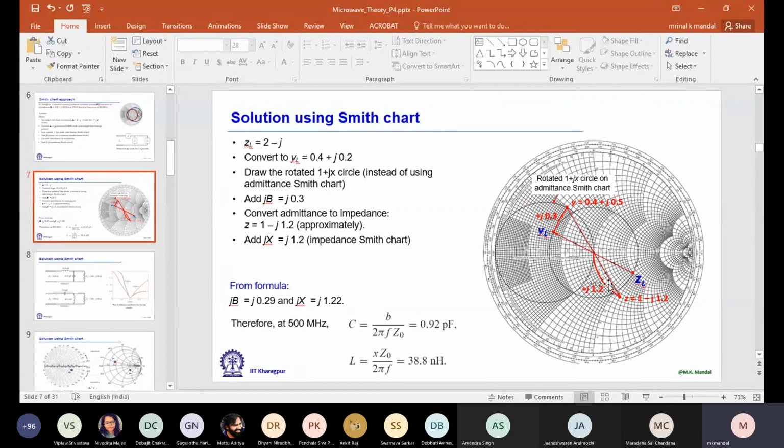You see this circle which passes through the center and r equal to infinity. That is for the impedance, r equal to one circle. Now on the same Smith chart, if I want to draw the 1 plus j circle for admittance, then I have to rotate it by 180 degrees. That's why we had to draw one more circle here, which passes through this point and this point.